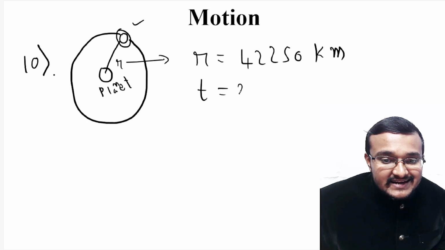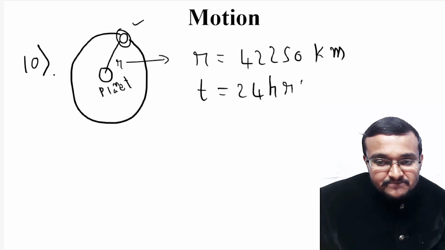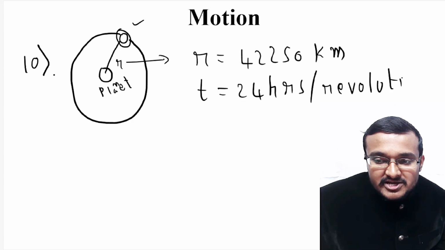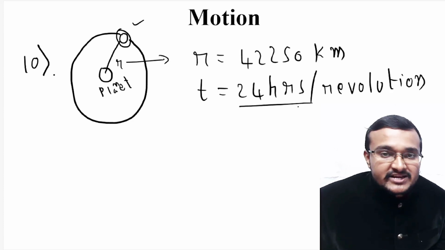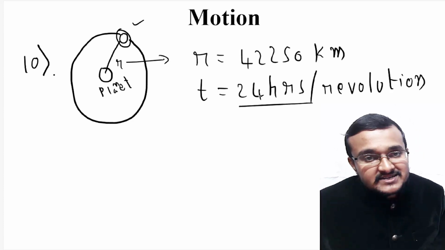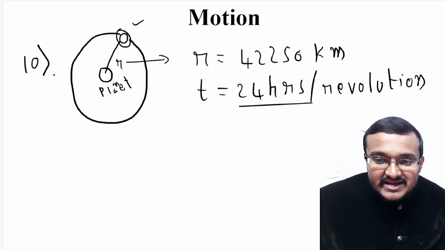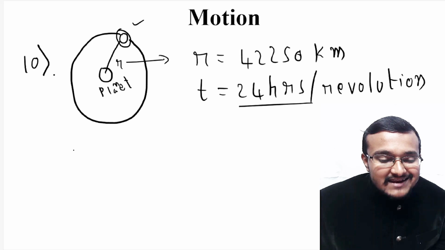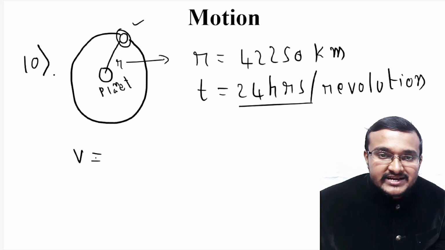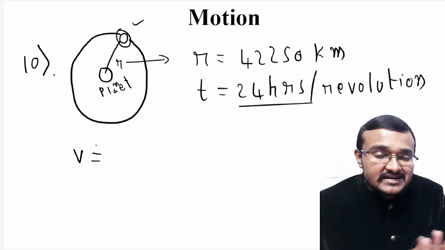It is taking 24 hours per revolution. So this satellite takes 24 hours to complete one revolution. Based upon this data, you have to calculate the velocity or the speed of this satellite.